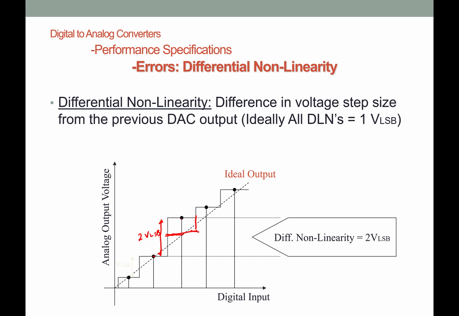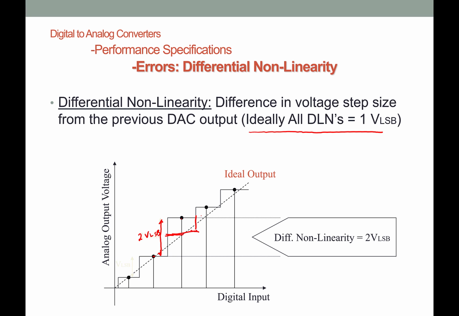So there can be a problem with the step size, from one voltage step to the next, and it shows here that ideally the differential nonlinearity should be just the resolution of the least significant bit.